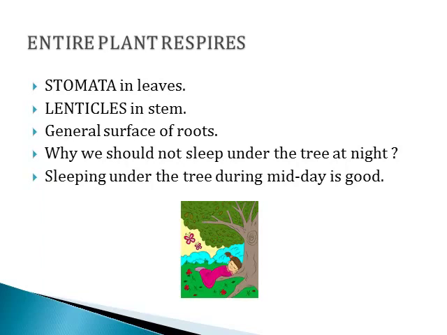So here we have a question: why should we not sleep under a tree at night? At night, what happens? The leaves obtain oxygen from the atmosphere and give out carbon dioxide, and hence there is a belief that one should not sleep under a tree.